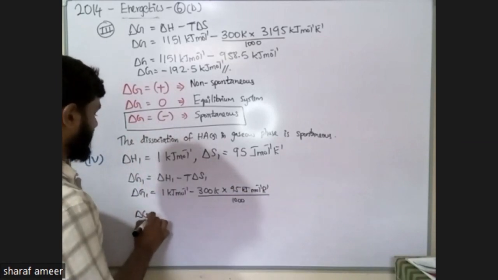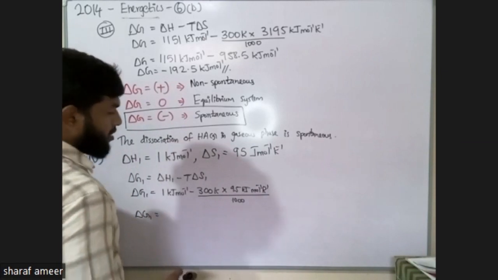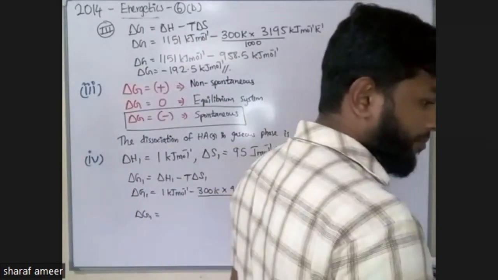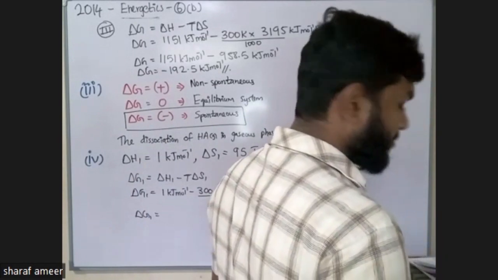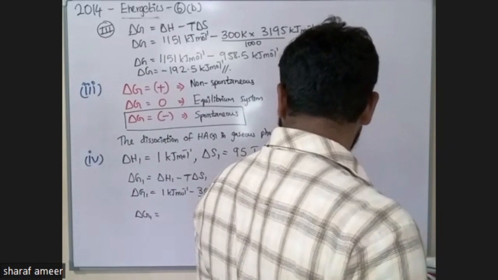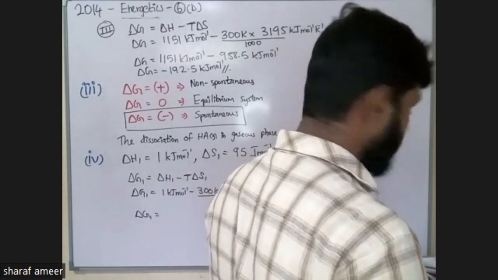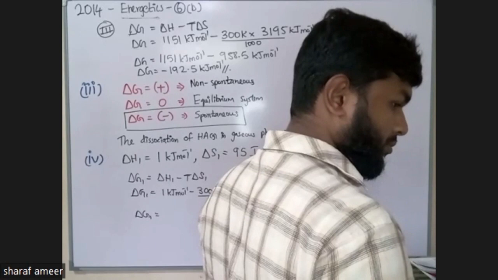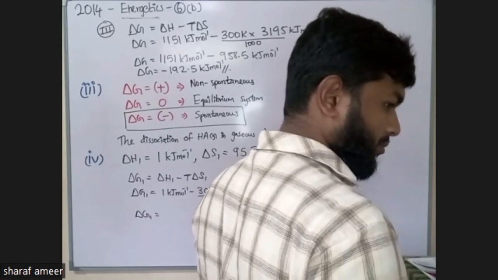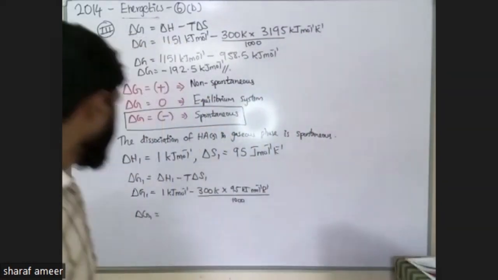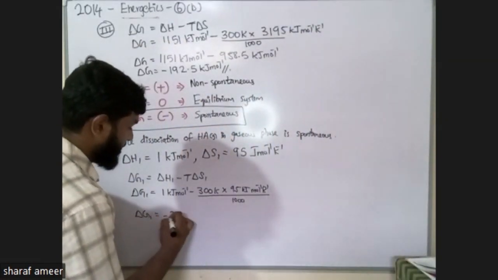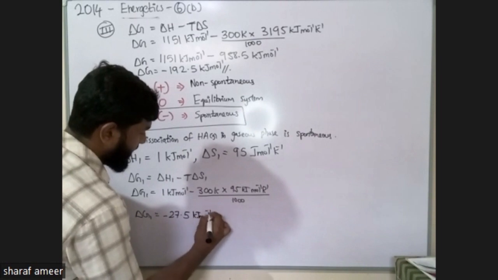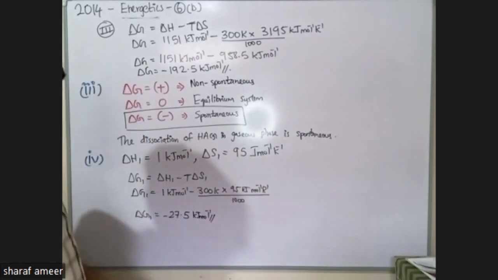So delta G1 is equal to, so the final answer is going to be minus 27.5 kilojoule mole minus 1. Simple. Easy answer.